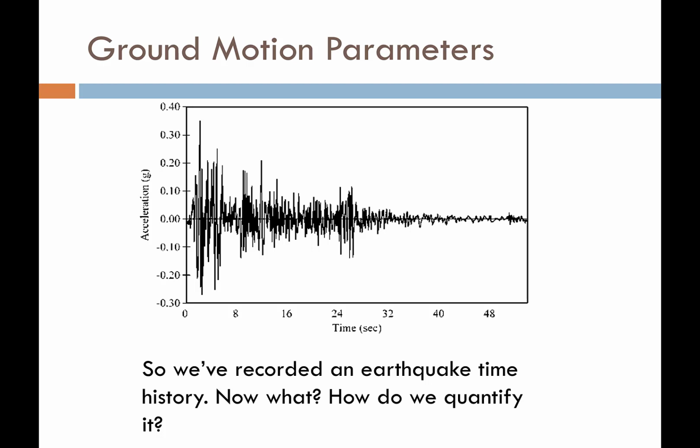So what are you looking at in this picture? You are looking at a ground motion recording, but this is no ordinary ground motion recording. This is the first ground motion recording. This is the famous El Centro record, recorded in the 1940s in California, and it was the first ground motion record that was recorded in the world.